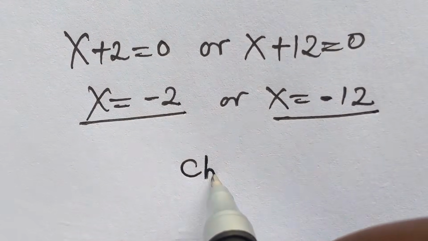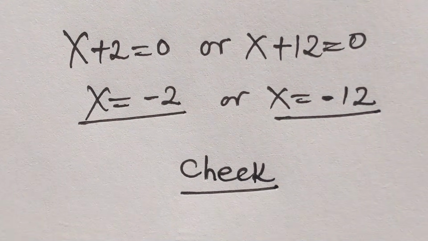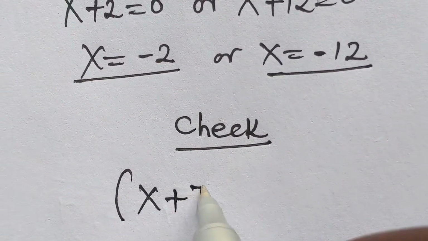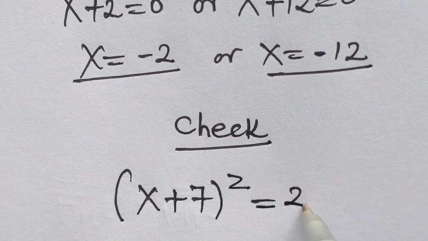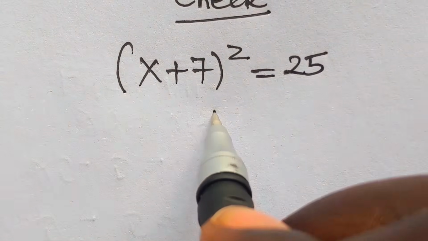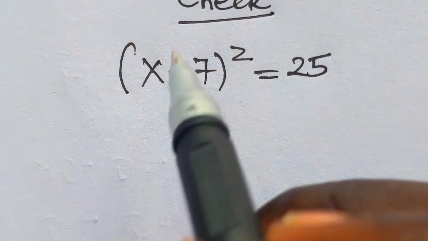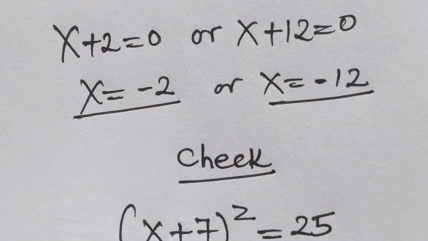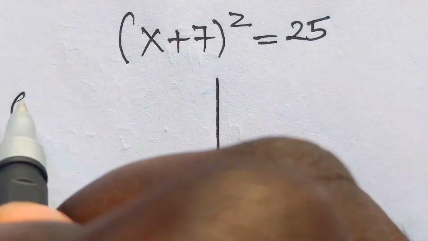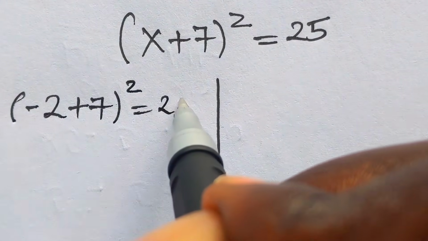And we have to check if the answer is correct, because we have been given x plus 7 squared equals 25. So for negative 2, we shall write negative 2 plus 7 squared equals 25.